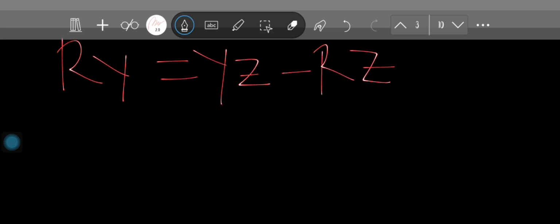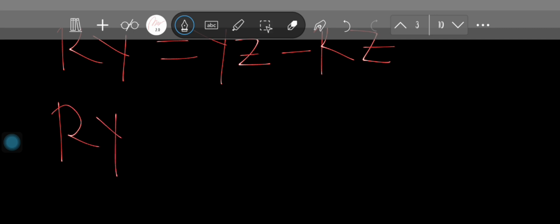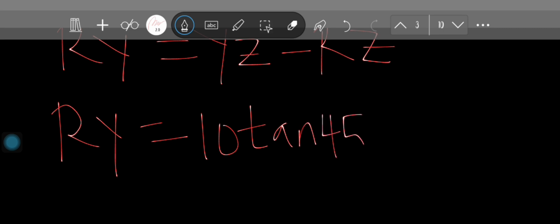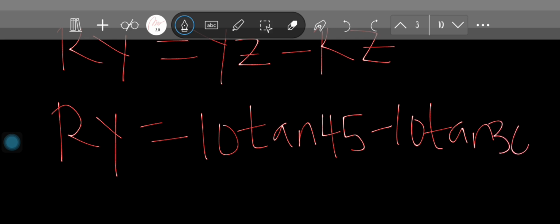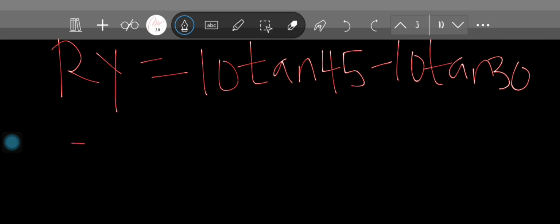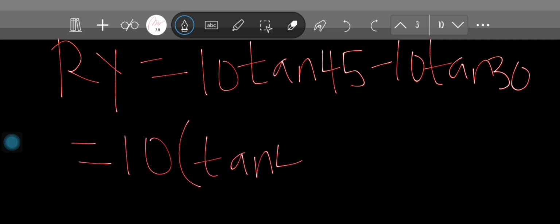We already know that yz is 10 tan 45, minus 10 tan 30. Let me write this very well. We can factorize out 10, so you have 10 into bracket tan 45 minus tan 30.